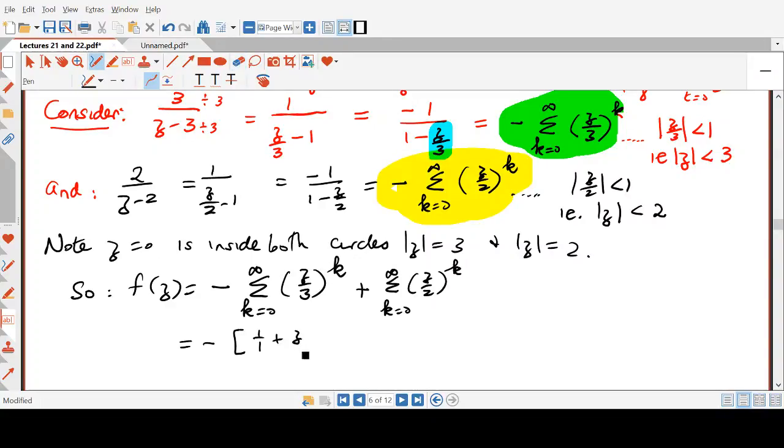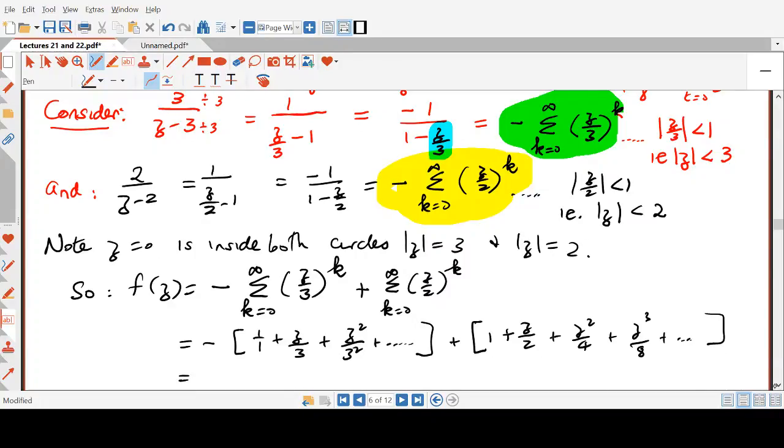When k is 1, this will be z over 3. When k is 2, it will be z squared over 3 squared. Plus, blah, blah, blah. Plus, this one here, likewise. When k is 0, this is a 1. Plus, when k is 1, it will be z over 2. Plus z squared over 4. Plus z cubed over 2 to the power 3, which is 8, etc.